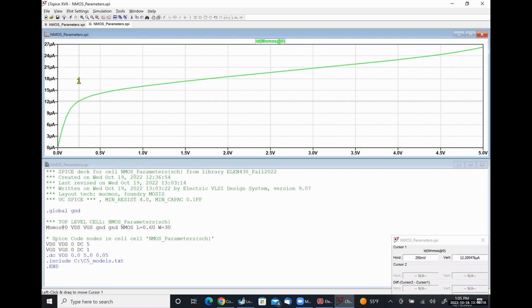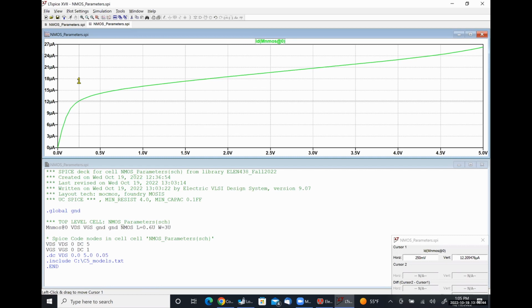VGS was 1 volt minus VTHN, which was 0.75 volts, squared. And then my channel length modulation term is just 1 because we're at the edge of saturation. So we're not at the point where we have that linear increase.